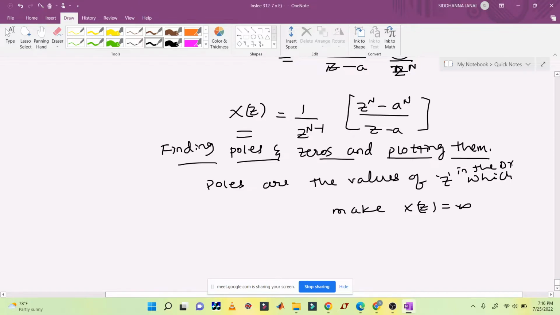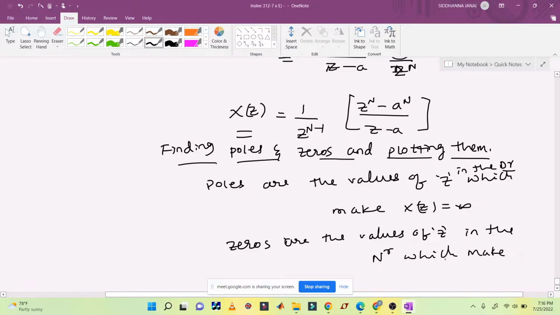Zeros are the values of z in the numerator which make X of z equal to zero.